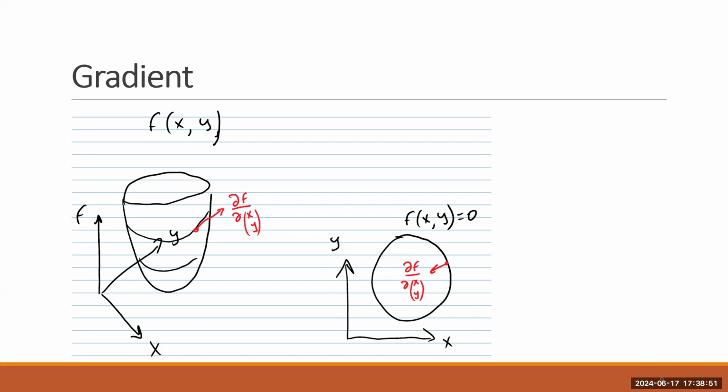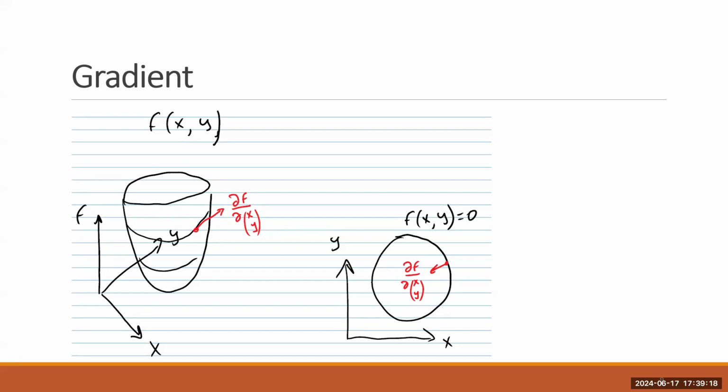But if I take a level set of the function and say f of x and y equals 0, this is a level set of this function in x and y space, then the derivative df over dx, dy is perpendicular to this constraint manifold.